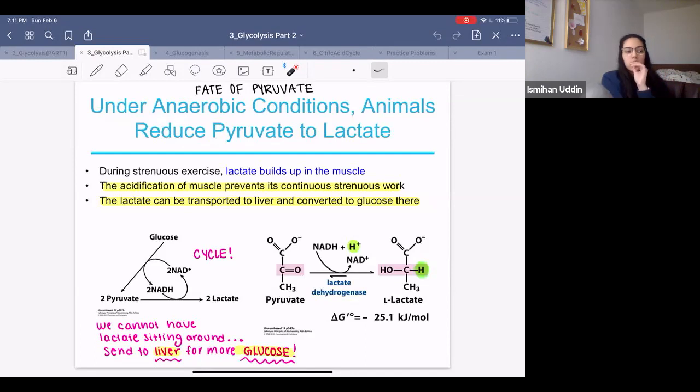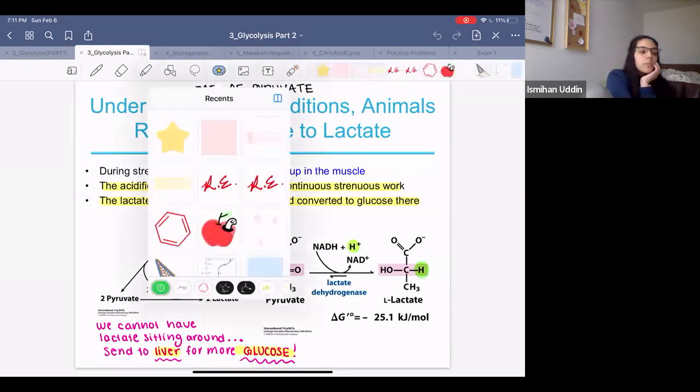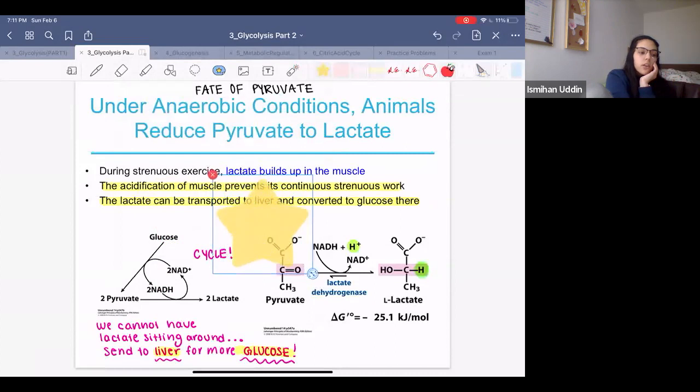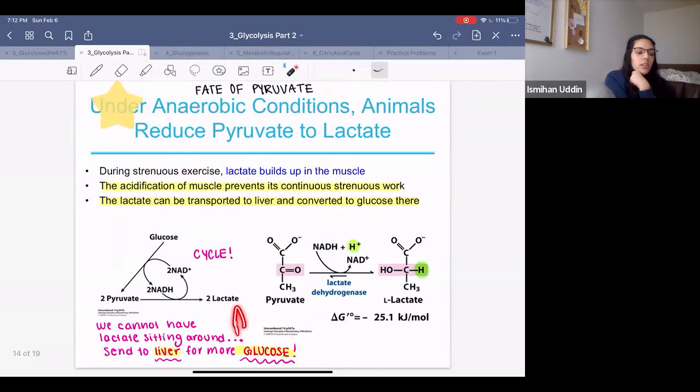This is something I'm going to put a star on because I completely forgot that it goes back into the liver. I knew it was converted back to glucose somehow, but I didn't know the mechanism. The idea is that you can't have lactate just sitting around because it's acidifying the muscle, and that's why it feels uncomfortable when you're doing strenuous exercise.